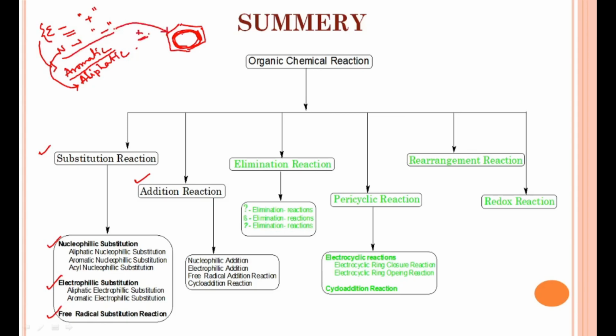At the same time, it is easy for an electrophile to attack, because electrophiles are positively charged and they get the negative pi cloud over here. That's why electrophilic substitution reactions are common in aromatic compounds. Similarly, for aliphatic compounds, nucleophilic substitution is common.